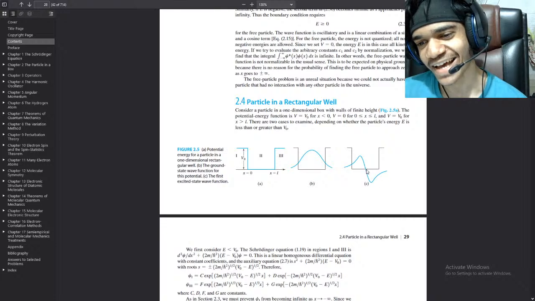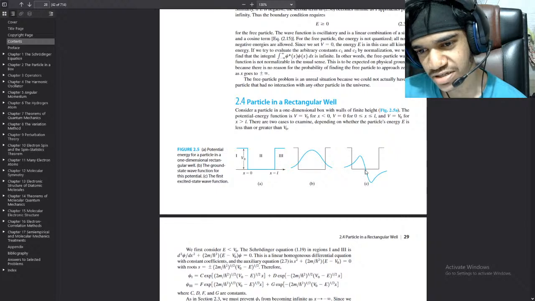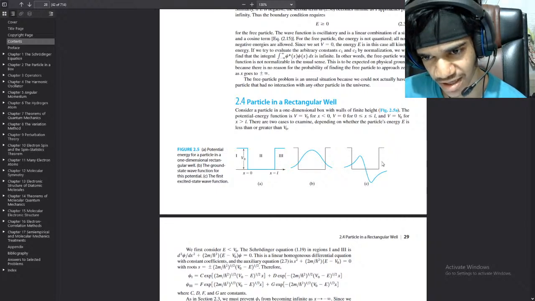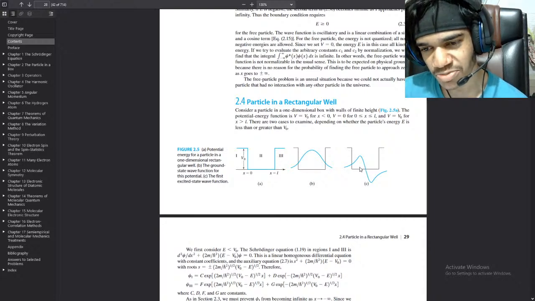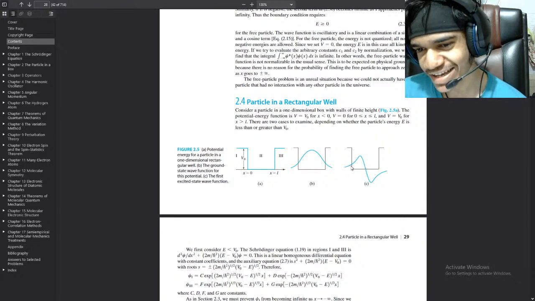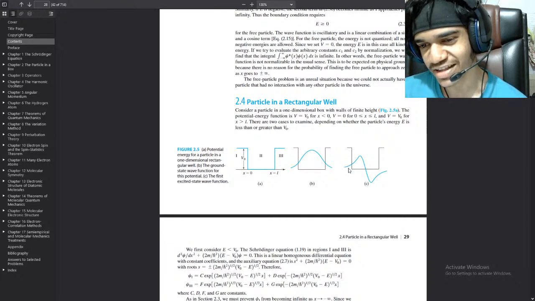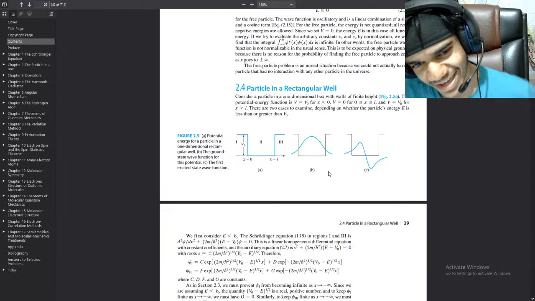Okay, so it's a node. Okay, I get it now.